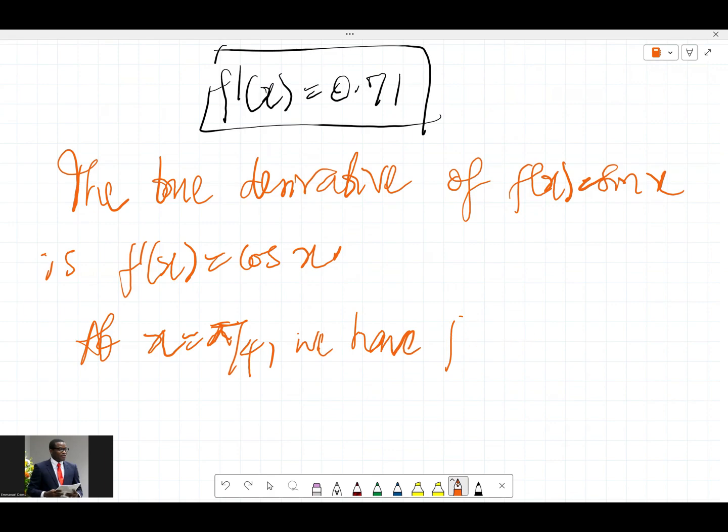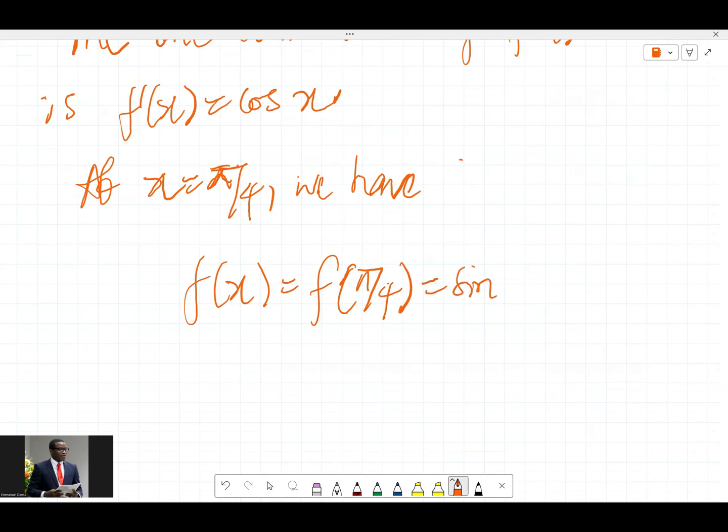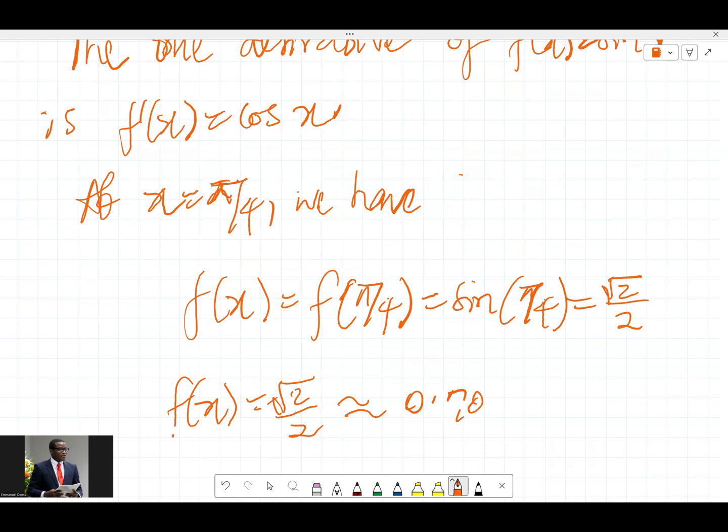We have f of x, which is equal to f of pi over 4, which is the same thing as sine of pi over 4, to be equal to root 2 over 2. So we say that f of x, which is root 2 over 2, is approximately 0.7071.